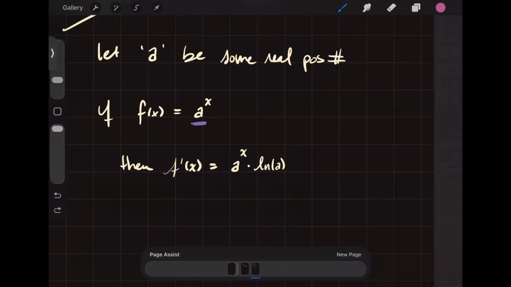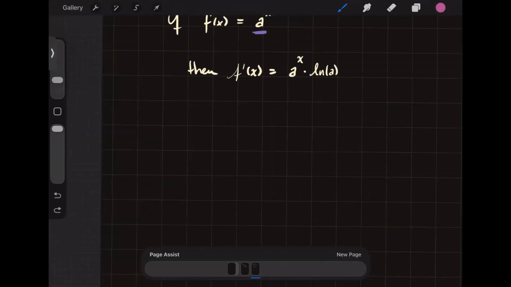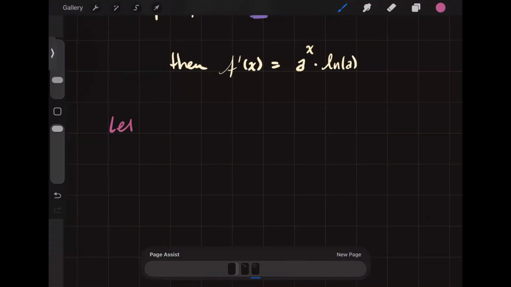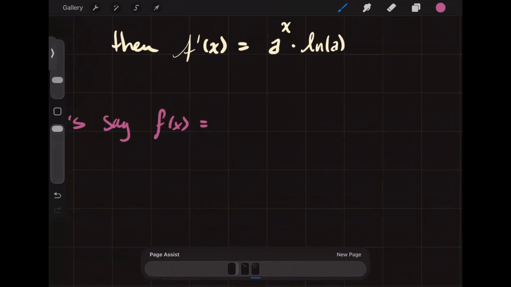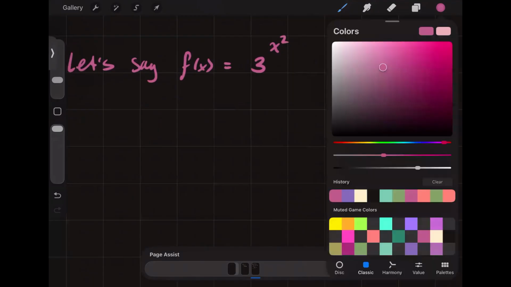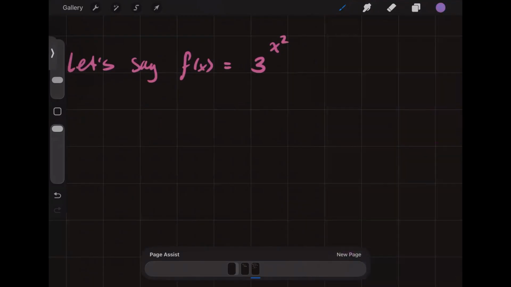But now let me ask you this, right? Let's say f of x is equal to 3 to the x squared, right? What you're going to notice is that you technically have an inside and an outside function.